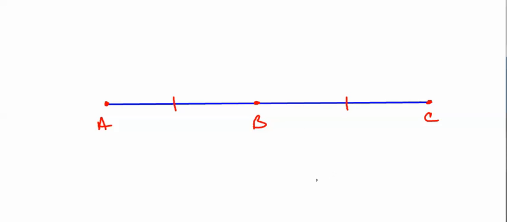What do you know about AB and BC? Why? If I tell you that AB is equal to 2x plus 1 and that BC equals 4x minus 4, how could you solve for x? 2x plus 1 equals 4x minus 4. You would solve for x, plug it in to find out how far it is from A to B, right?